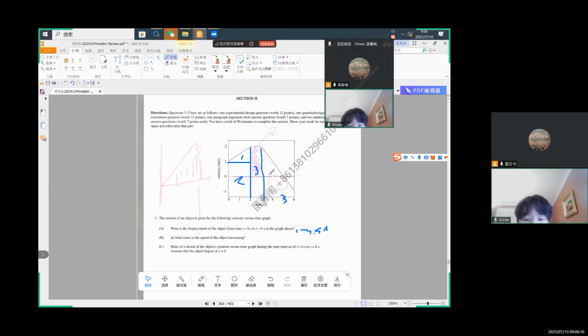So this is 3. This is 2. The next part should be finding this one, right? This one is 2. And 5 to 6?